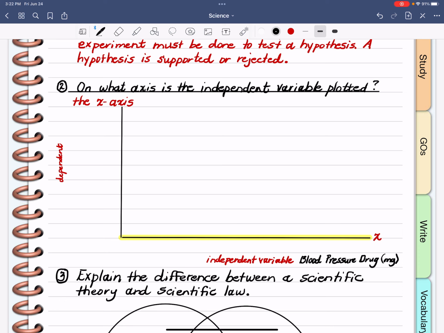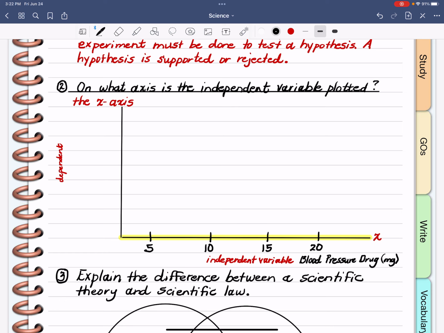So let's put four different tick marks on our x-axis. I'm going to put 5, remember these are milligrams, 10, 15, and 20 on my milligram line.